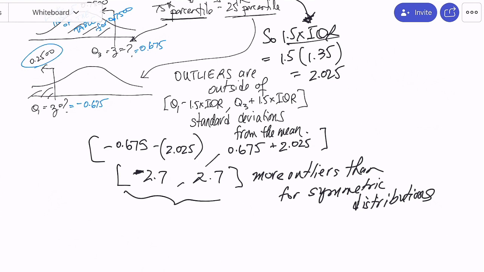So all of this problem was solved for the standard normal because I could apply this to any normal distribution.